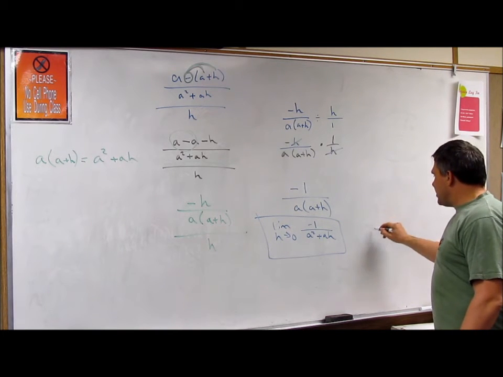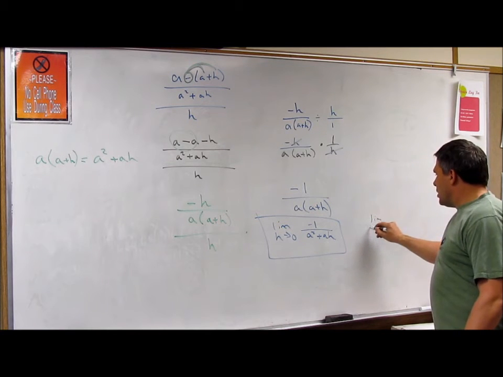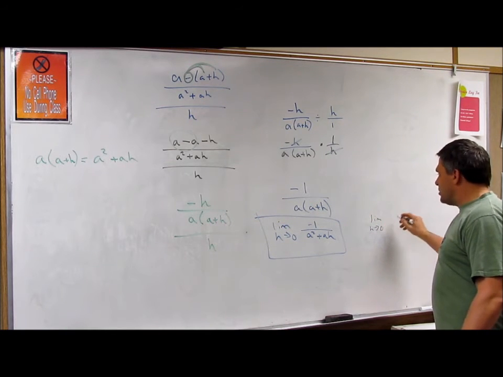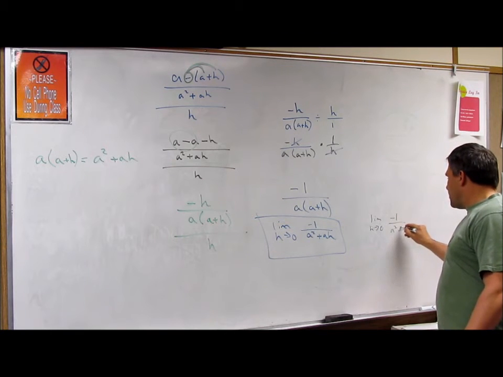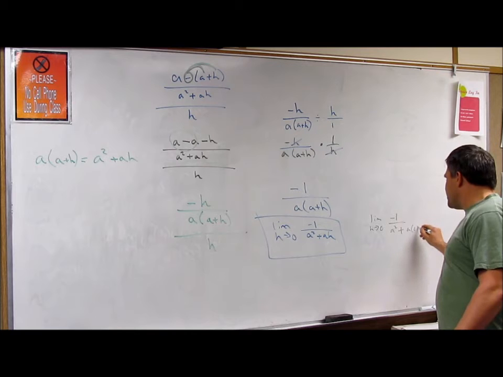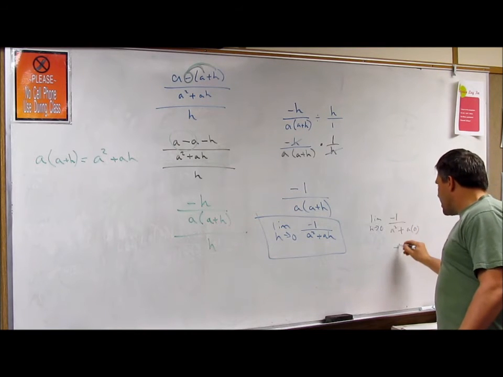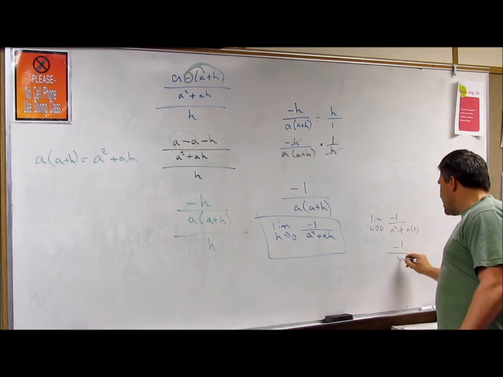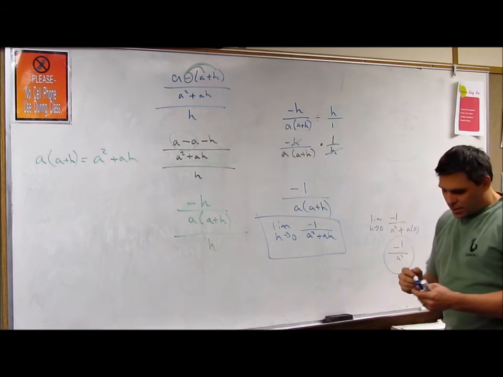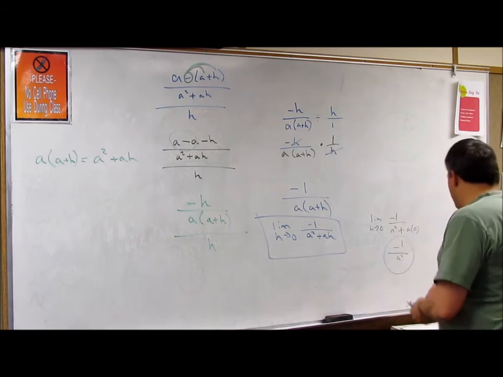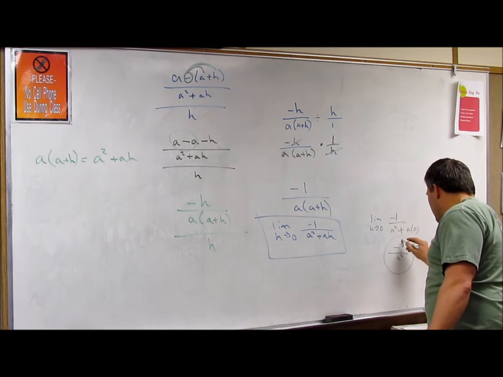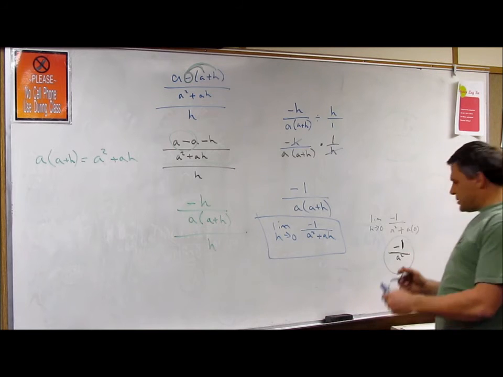So as h goes to 0, I get negative 1 over a squared plus a times 0, which is negative 1 over a squared.